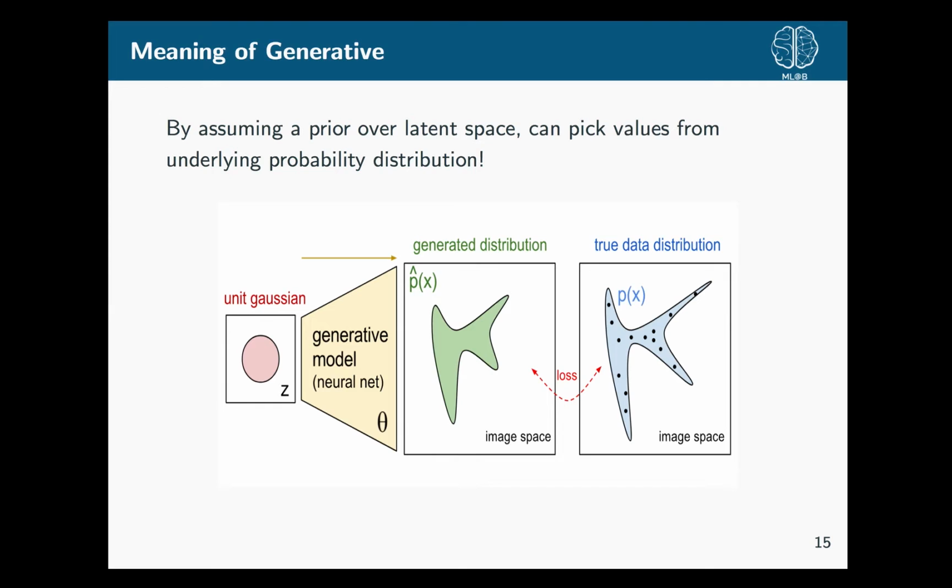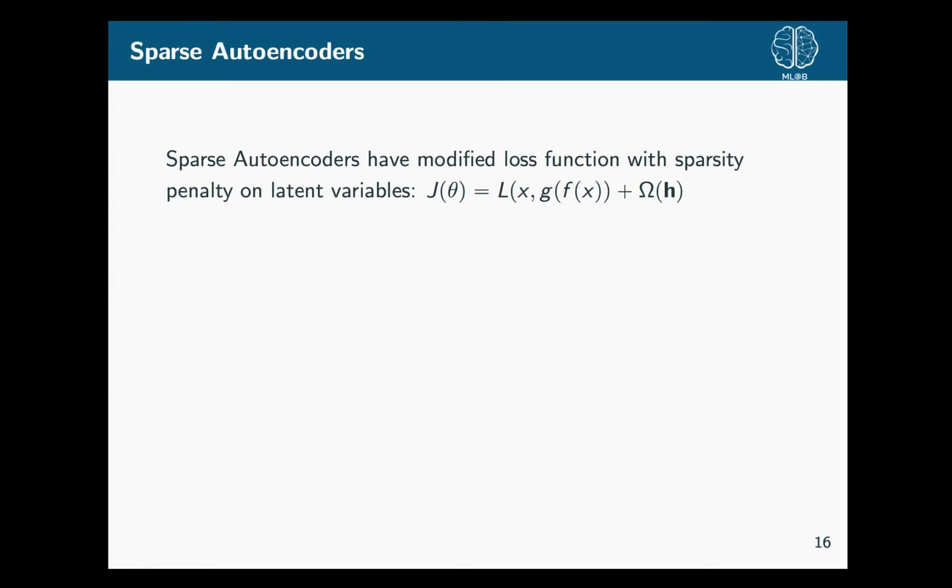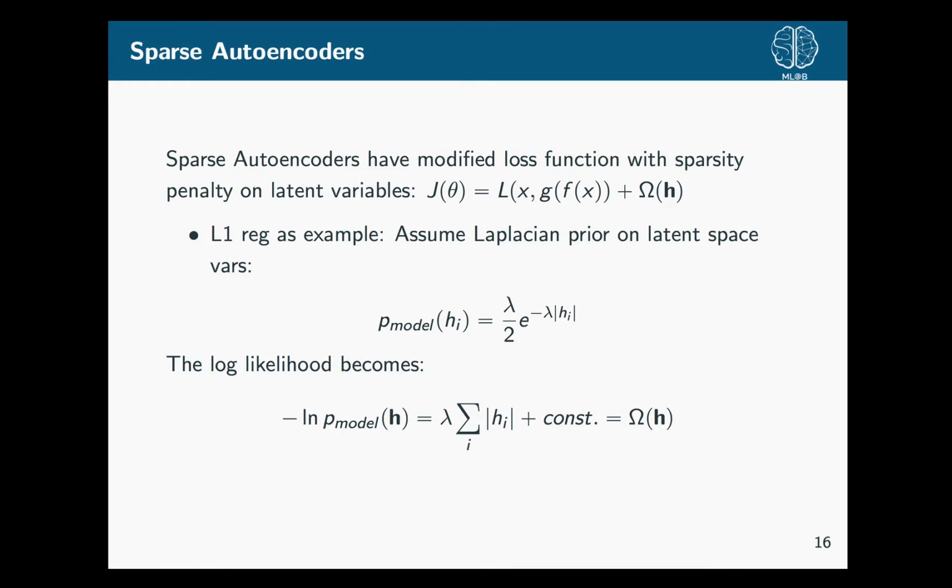If you assume your input comes from a manifold, then you want your latent space characteristics to encode a probability distribution, right? So that has to be given some formula. For example, here we're going to go with the Laplacian because it gives you sparsity. And the distribution you choose for the latent space just depends on the use case.